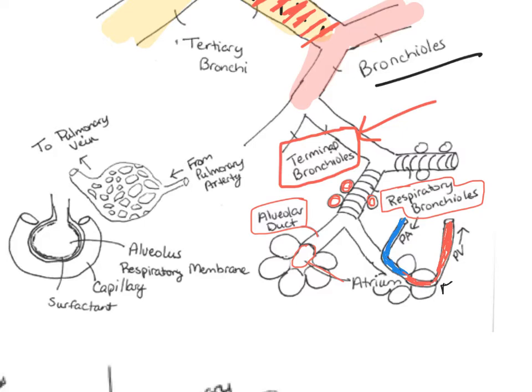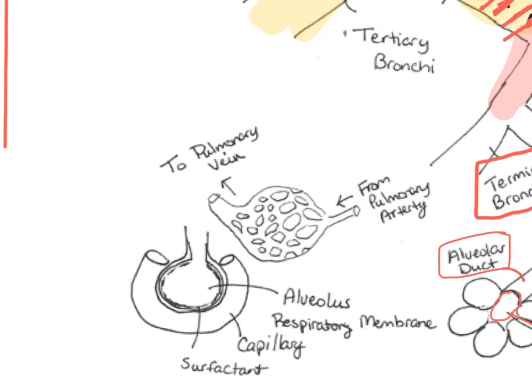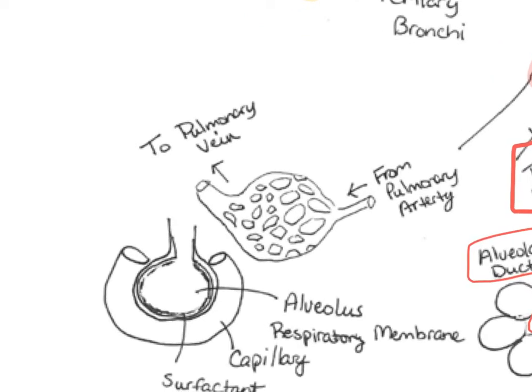Where the capillary meets the alveoli, we call that the respiratory membrane. Okay, so let's take a look at this picture here. This is showing one alveolus, and it's coming from the pulmonary artery, so this blood is going to be blue.